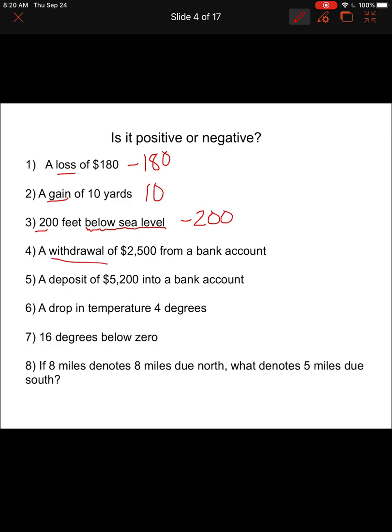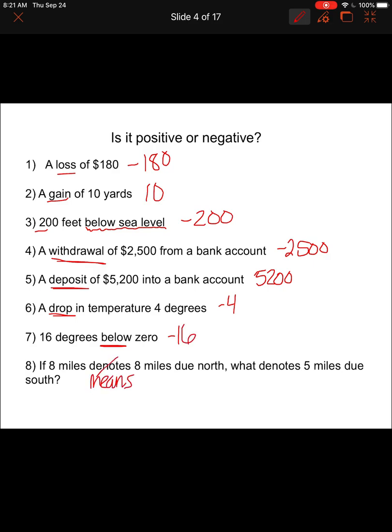A withdrawal of 2,500 is going to be negative. A deposit into your bank account of 5,200 is positive. A drop in temperature is going to be negative. 16 degrees below zero is going to be negative.